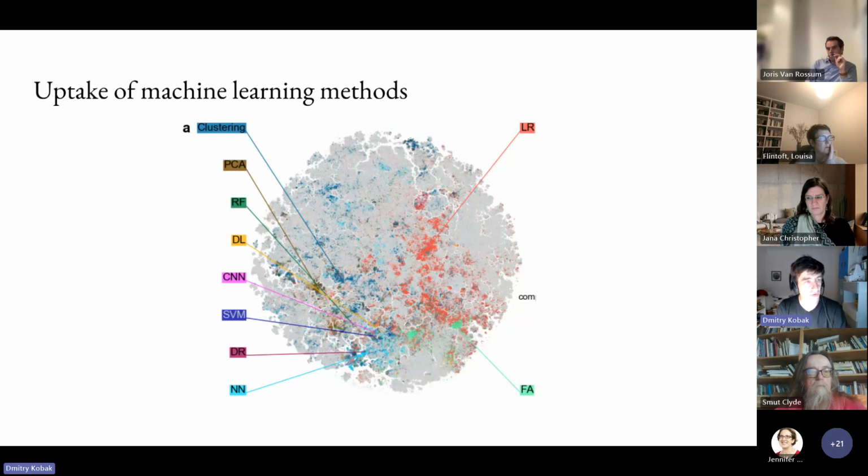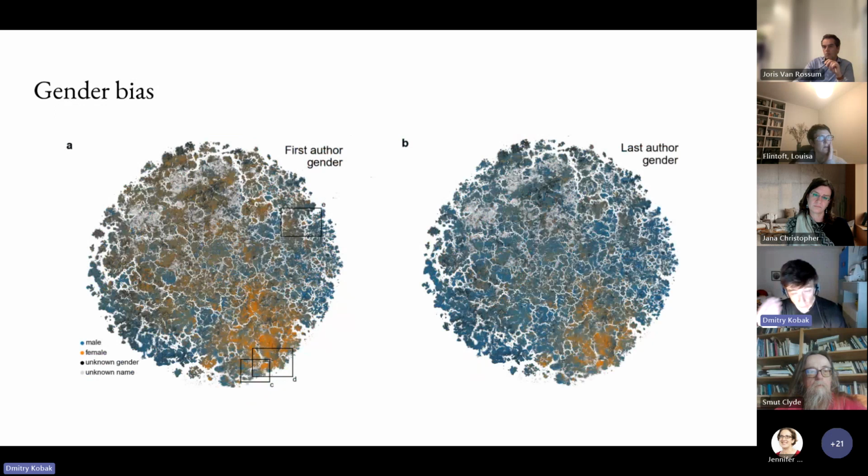But one can look at very different things. We did look, it's in the paper, at things like gender bias. We found it quite fascinating. We can extract the author names from PubMed, look at the first author, and at the first name of the first author.